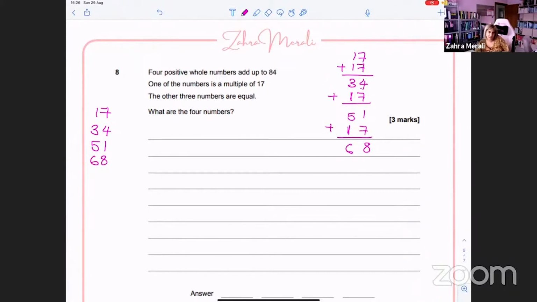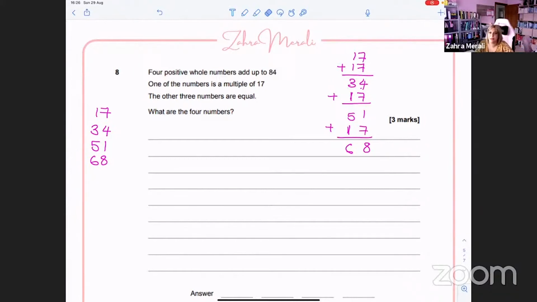And we'll say, okay, and the other 3 numbers are equal, right? So when we then take away whichever value we use, we're going to have 3 numbers left, which are going to give us something that's equal, right?